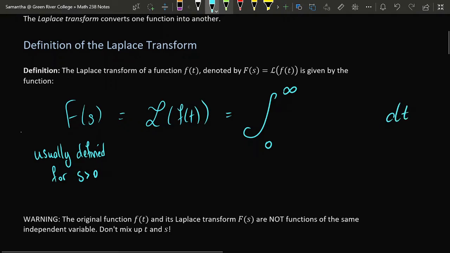You want to integrate the function obtained by taking your f of t and multiplying it by an exponential e to the negative s times t. The result of the improper integral here on the right side is the function capital F of s, which is the Laplace transform of the original function f of t.